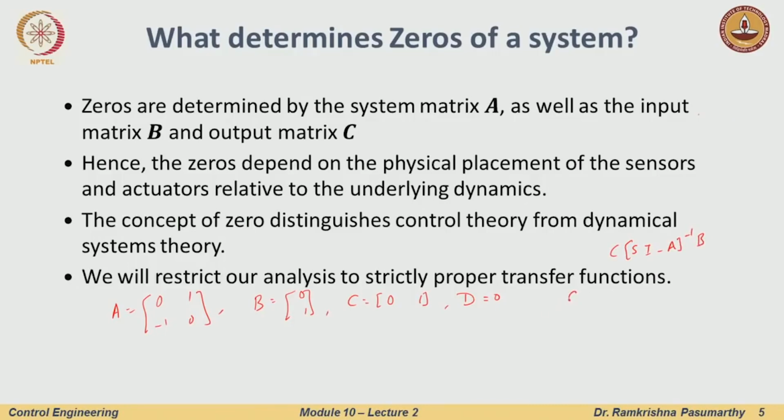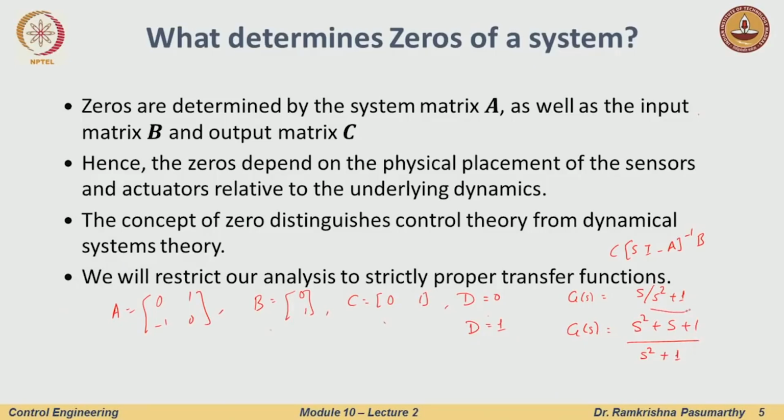So what I get as a transfer function G of s is s over s square plus 1. Now I keep all this the same. So A does not change, B does not change, C does not change, D does, and say I put D equal to 1. Then what I get as a transfer function G of s is (s square plus s plus 1) over (s square plus 1).